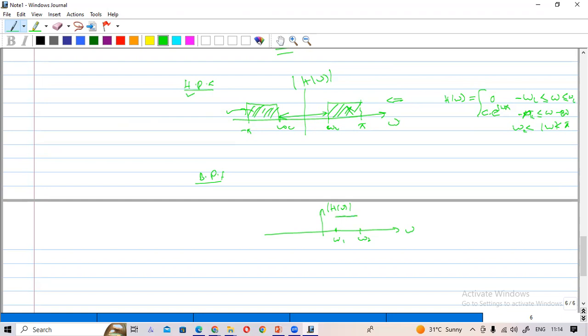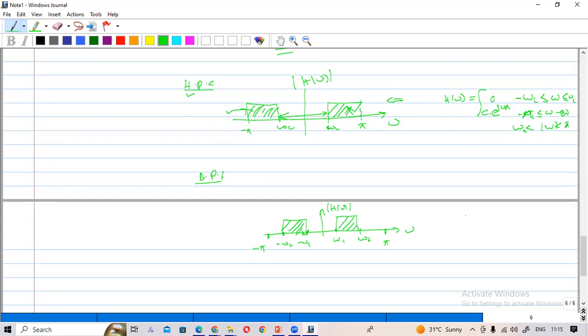And the minus side also will be there: minus omega 2 and minus omega 1, this range. Here it is up to omega 5, and here up to minus omega 5. So only in this range you will have the gain.